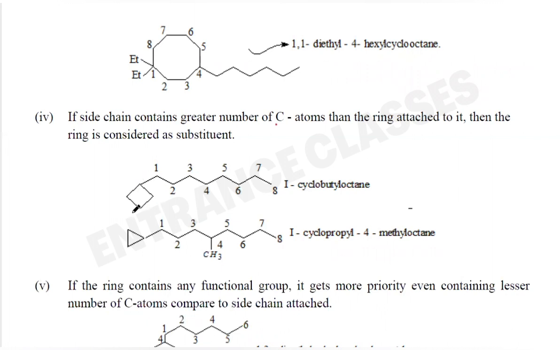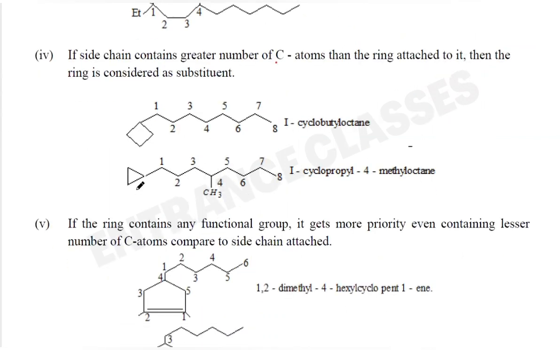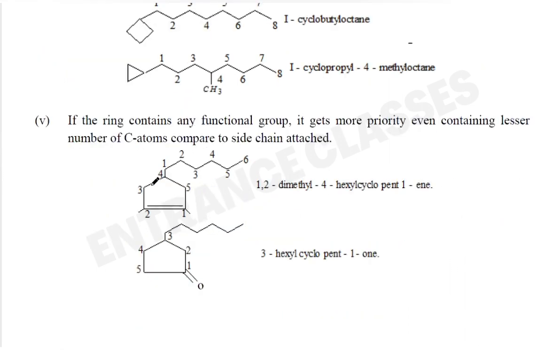So now this ring, cyclobutane, is acting as the side group. That is 1-cyclobutyl octane, or simply cyclobutyl octane. Here also is the main, this will be side. So 1-cyclopropyl 4-methyl octane, or simply 4-methyl cyclopropyl octane.